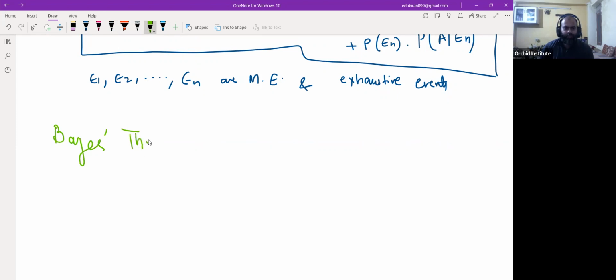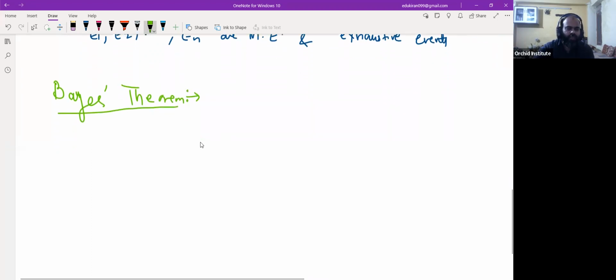Bayes theorem is a little difficult, not after understanding it, but after you understand it, it becomes easy. But before understanding it, it is a little difficult to understand. So it can be understood like this, that there is a cause and there is an effect.